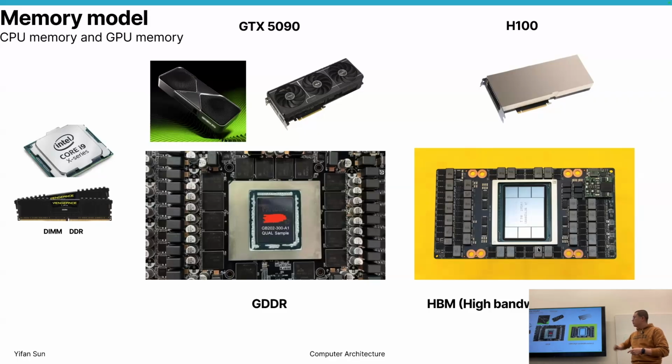So why does H100 use HBM, but GTX 5090 uses GDDR? As the name suggests, this one has higher bandwidth, but it comes at a cost in two different aspects. First, the latency of high bandwidth memory is higher.